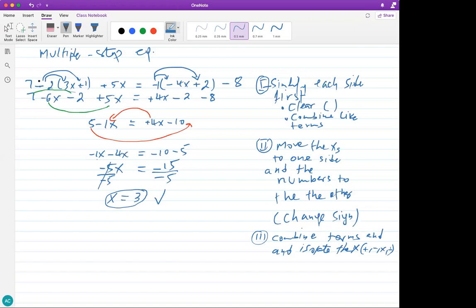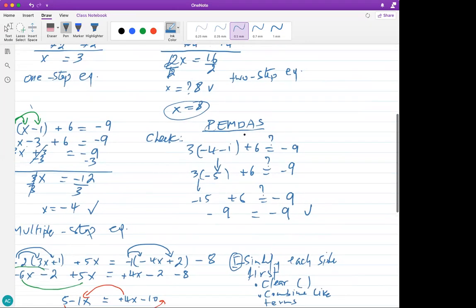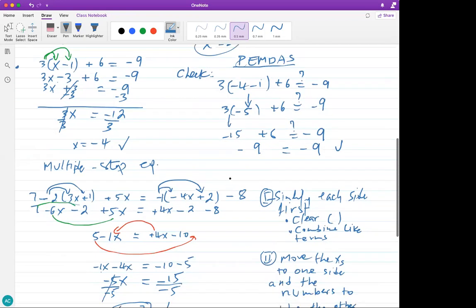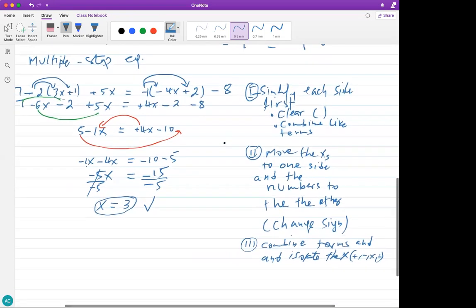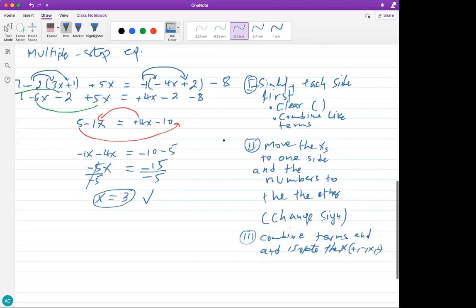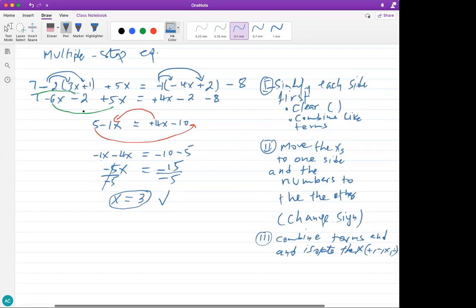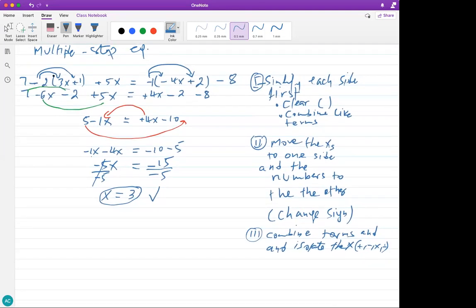You can always plug it into the entire equation, use the order of operations, and check. Okay, that's pretty much as complex or as long as you can get. Remember the main steps: work on each side, combine, and isolate the x.